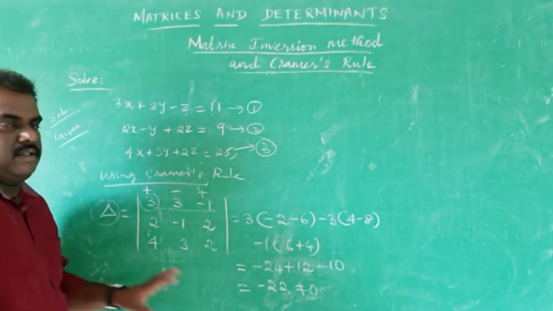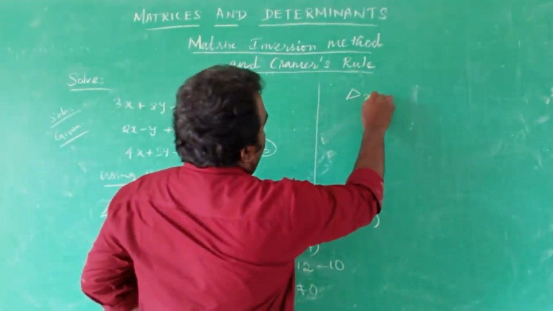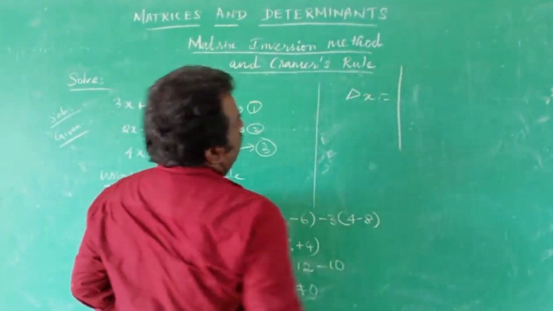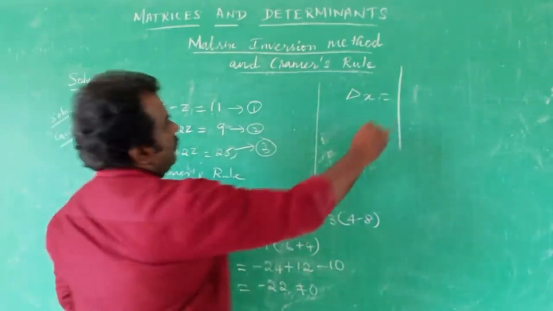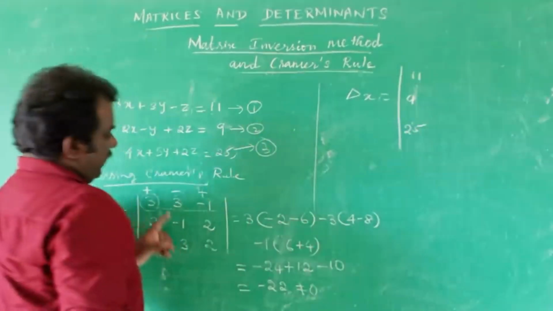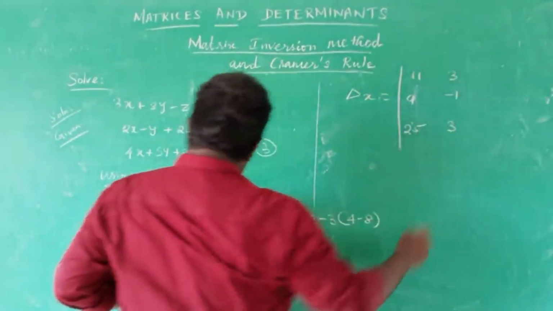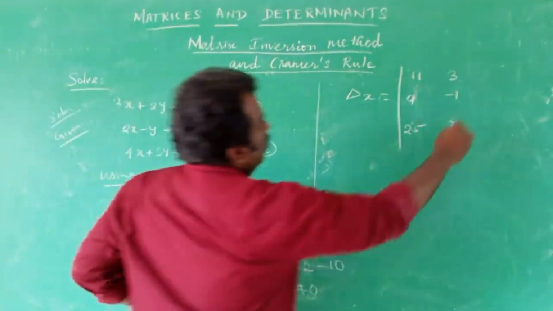So we finished delta, then we continue with del suffix x. In del x, take the determinant of 11, 9, 25, then 3, -1, 3, then -1, 2, 2.